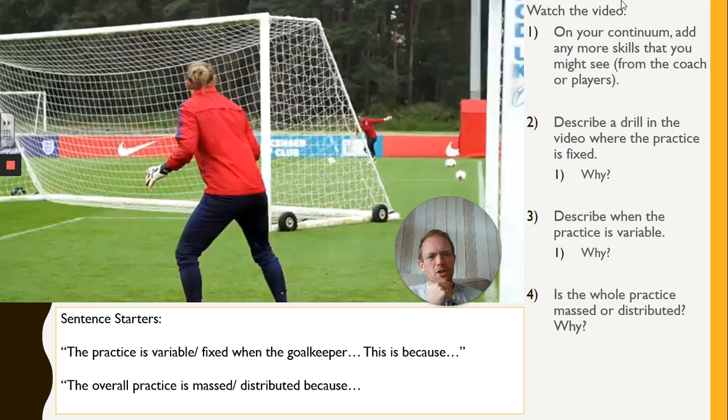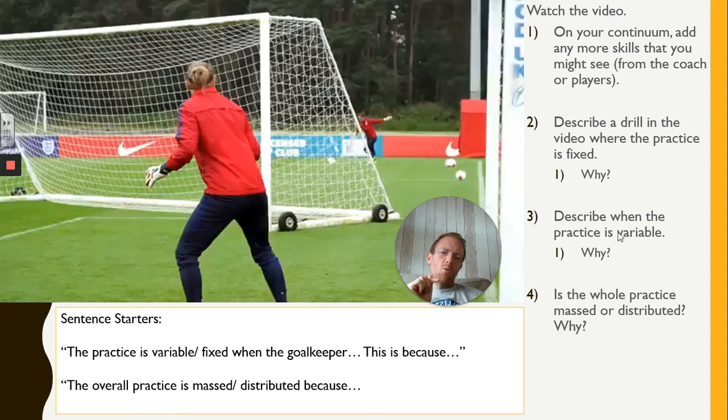I've asked you to add on your continuum if you see any more skills. Don't worry about that unless you want to go back to your last notes and just add some in. We're going to mainly look in this video at number 2, 3, and 4. So describe a drill in the video where there's a fixed practice being used, and why is that fixed?